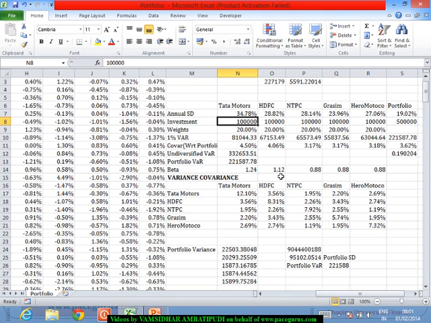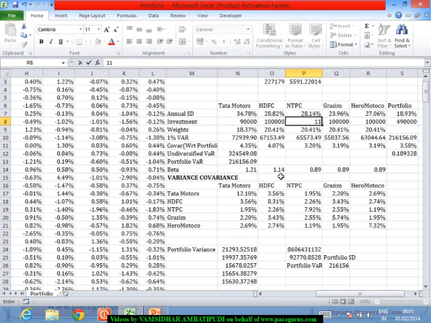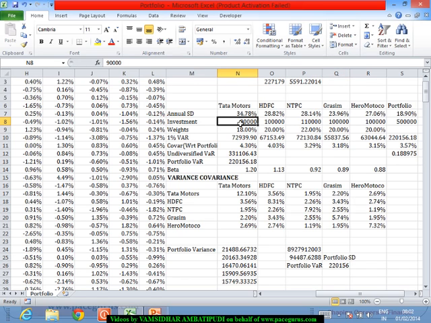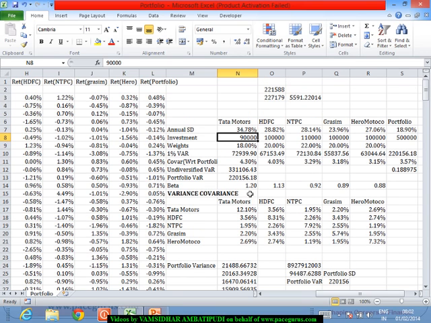Now let's see what is happening. If I pull out, okay, I include 90,000 here, but I make 110,000 here, saying I'm pulling out some position from a higher marginal VAR security and investing in a security with a lower marginal VAR. The result is the portfolio VAR has come down now.